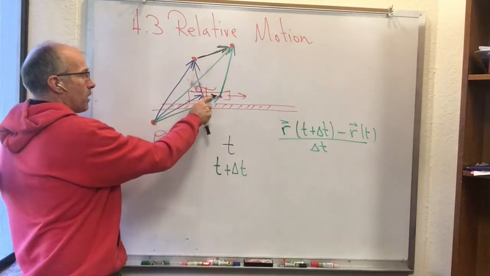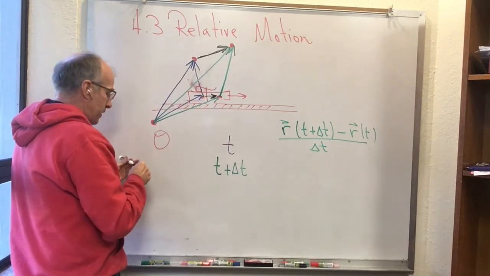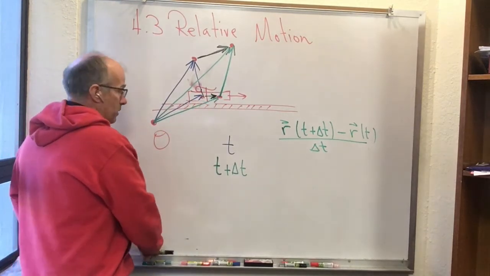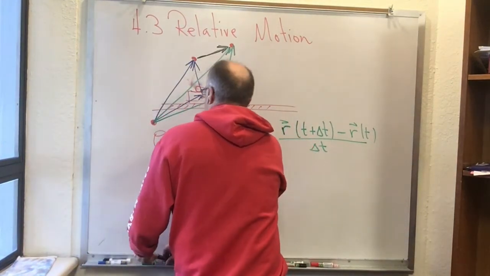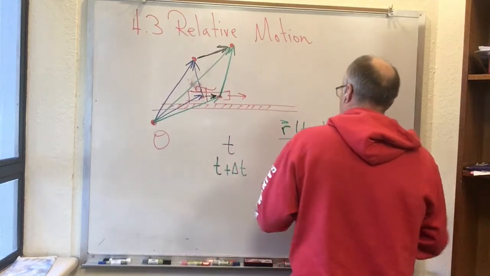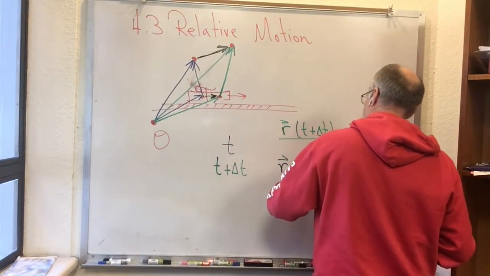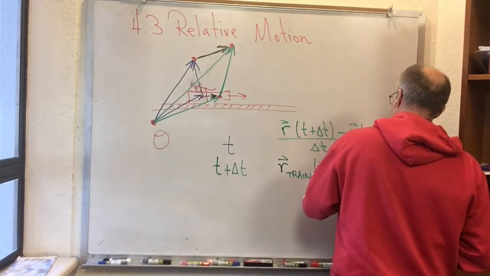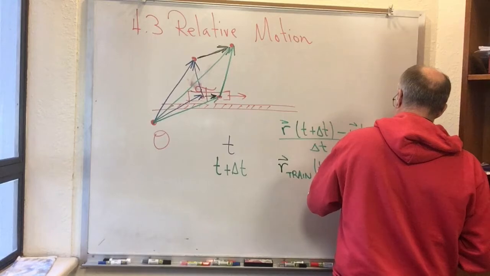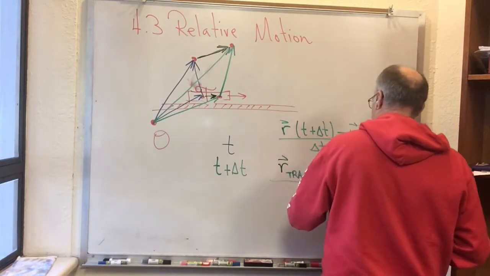Now, meanwhile, you also have an opinion, as observer O, about the train's velocity, okay? So I could call that r sub train at t plus delta t minus r sub train at t divided by delta t.